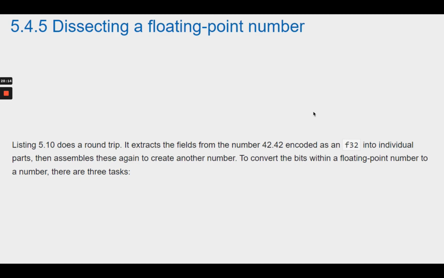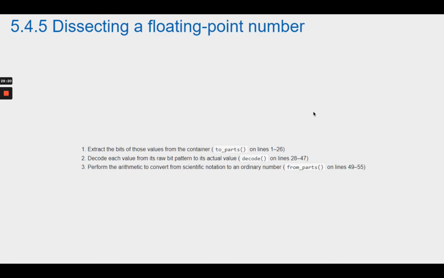To convert the bits within a floating point number to a number, there are 3 tasks. 1. Extract the bits of those values from the container, to_parts, on lines 1 through 26. 2. Decode each value from its raw bit pattern to its actual value, decode, on lines 28 through 47. 3.